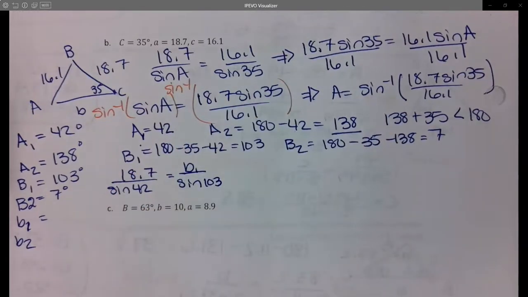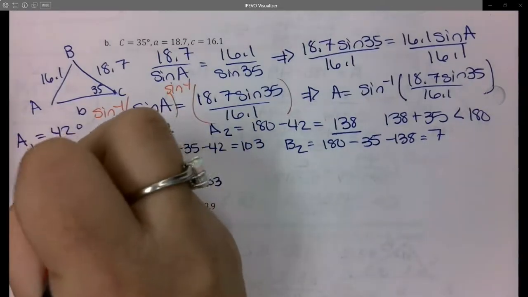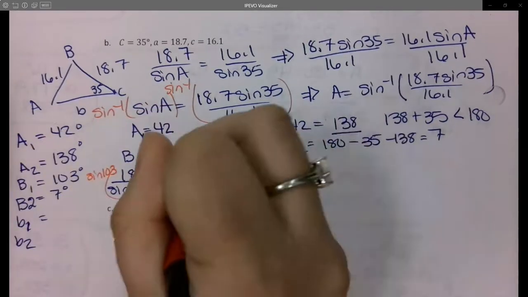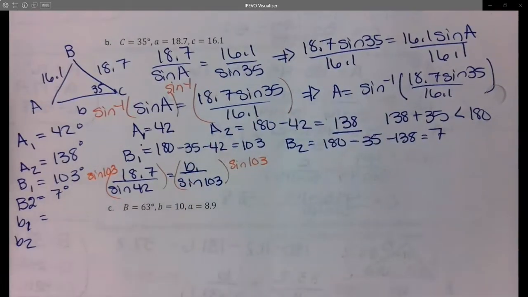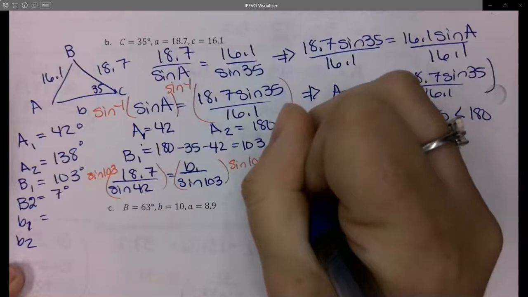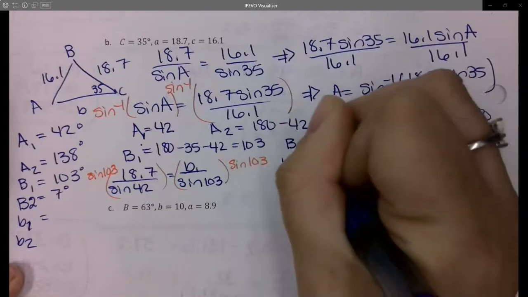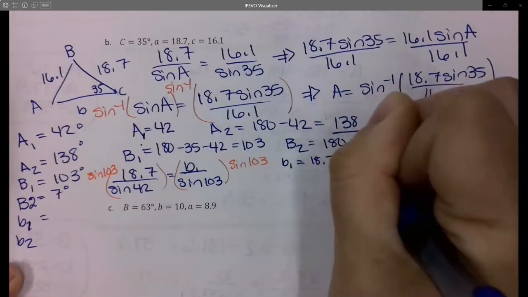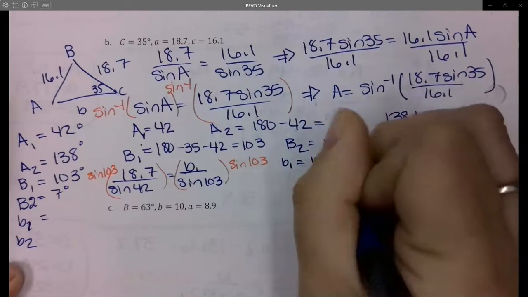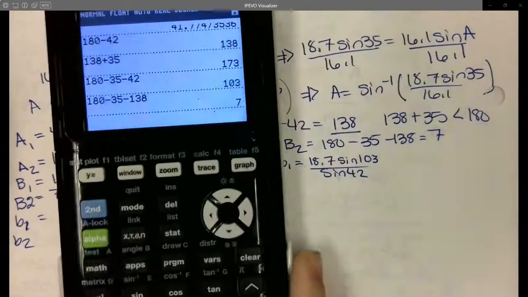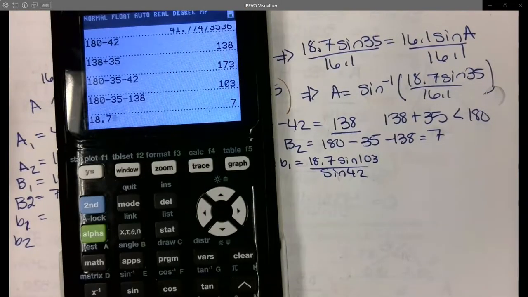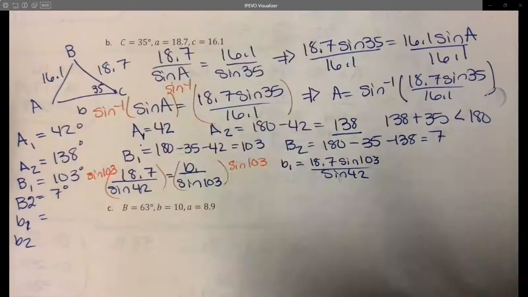So to solve this one, I want to multiply both sides by sine 103, which will get me B1 equals 18.7 sine 103 over sine 42, which gets me 27.2.